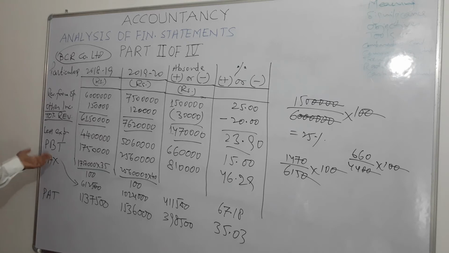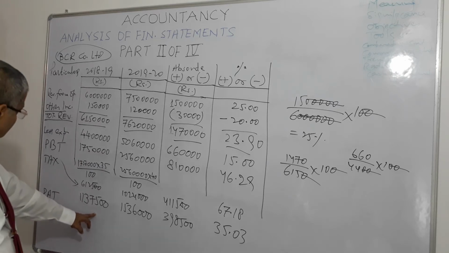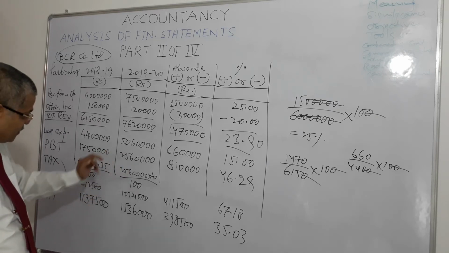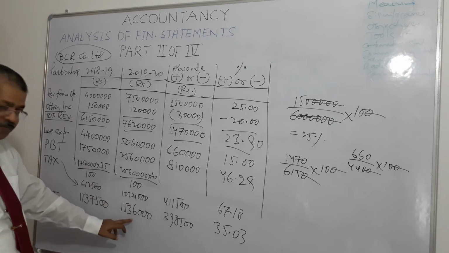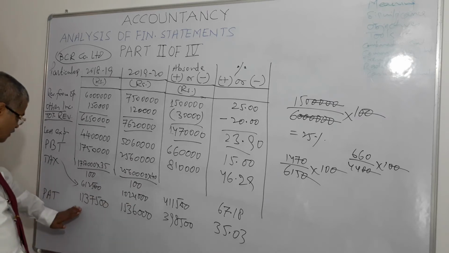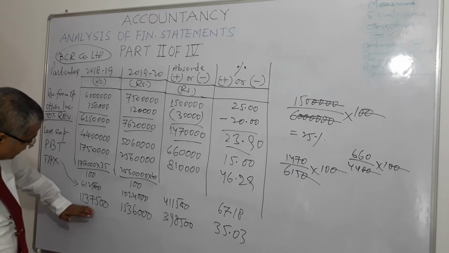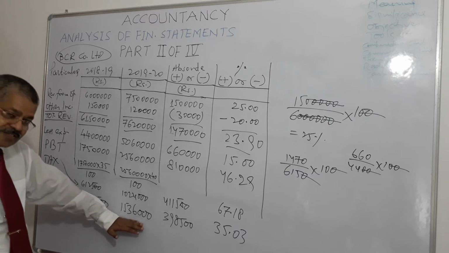When we deduct taxes from PBT, profit before tax, we get PAT, profit after tax or net profit. So 17,50,000 minus 6,12,500 is 11,37,500, right? 25,60,000 minus 10,24,000 is 15,36,000. PAT has increased from 11,37,500 to 15,36,000.